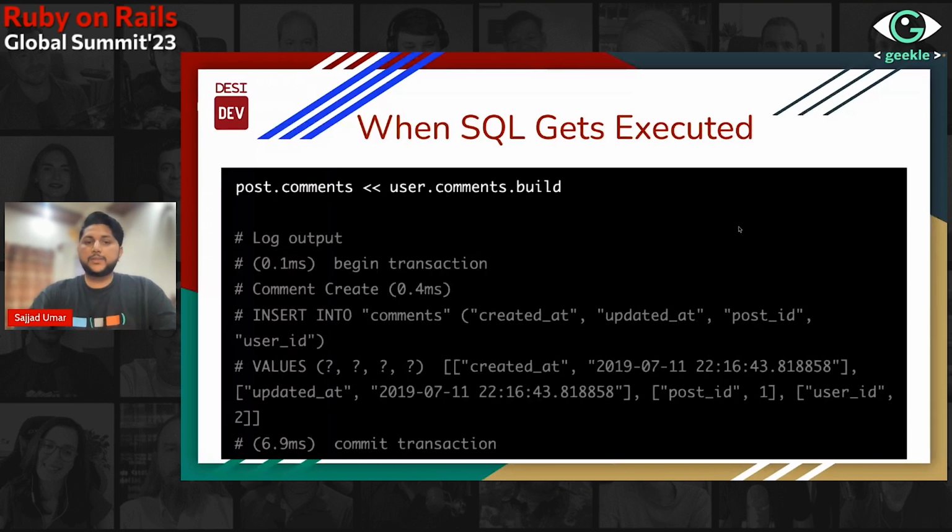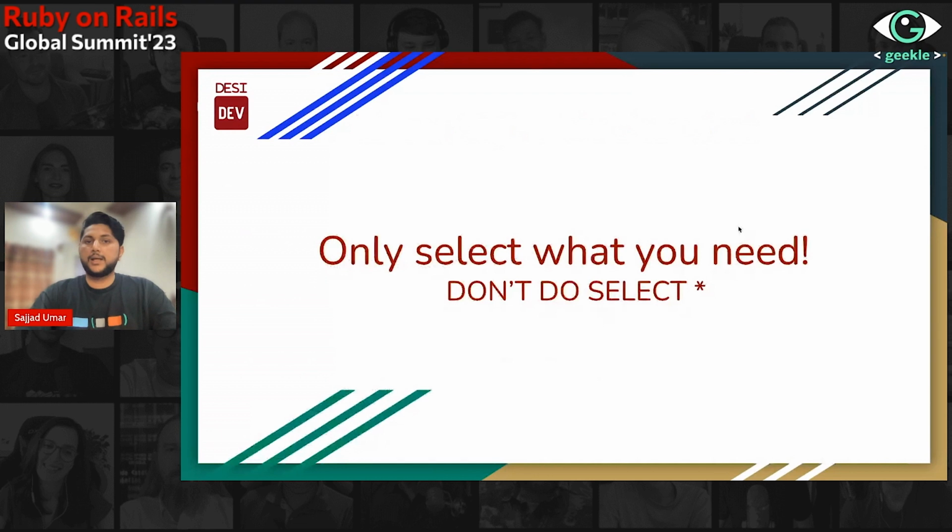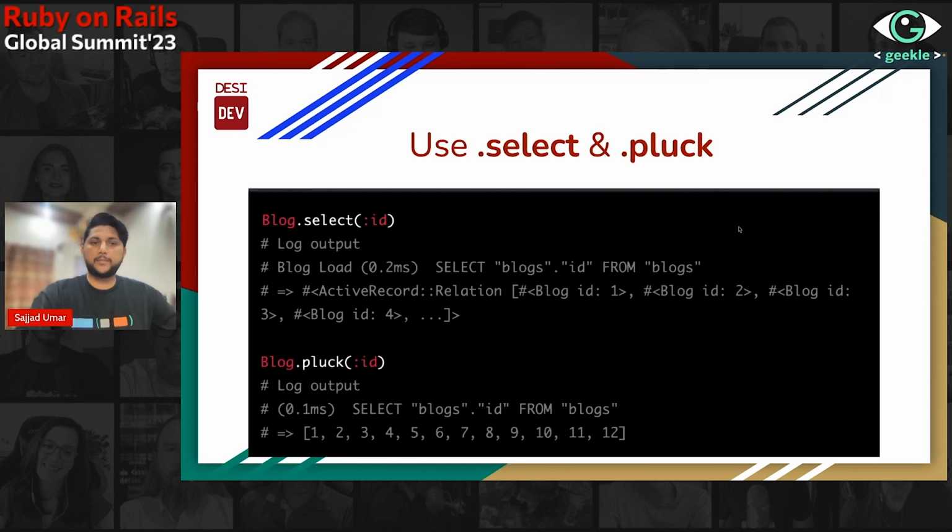The next thing you want to do is only select what you need. What I mean by that is in ActiveRecord, by default, whenever you query something, ActiveRecord selects all the columns associated with that object. Instead, you can leverage the select and pluck methods, which can return only what you need.